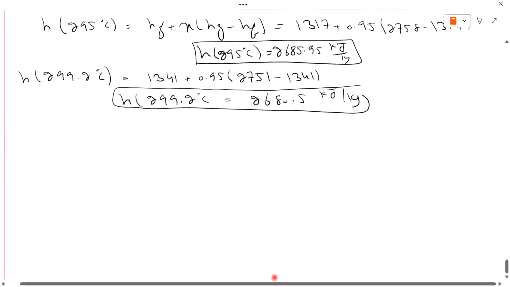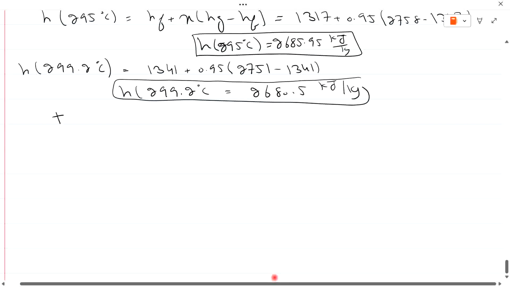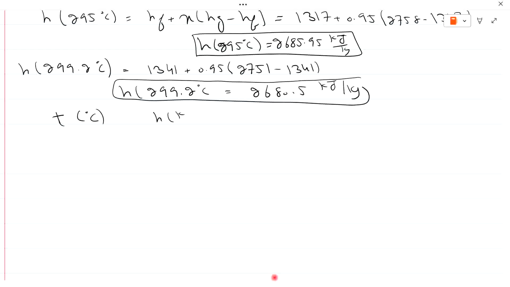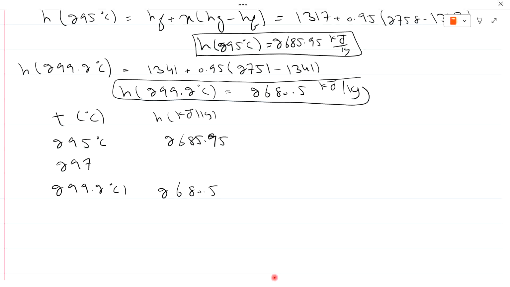Now do interpolation. Temperature in degree centigrade and enthalpy in kilojoule per kg. At 295 degrees centigrade, enthalpy is 2685.95. At 299.2 degrees centigrade, enthalpy is 2680.5, and we have to find enthalpy at 297 degrees centigrade.